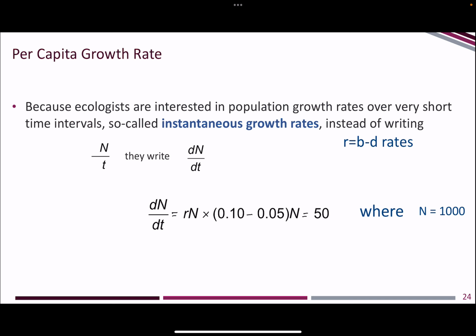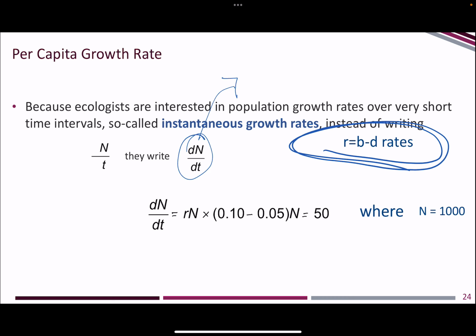So instead of calculating number of births and number of deaths based on the rate, we can lump them all into one, and we can calculate this R value. And what we're doing here is calculating an instantaneous growth rate.